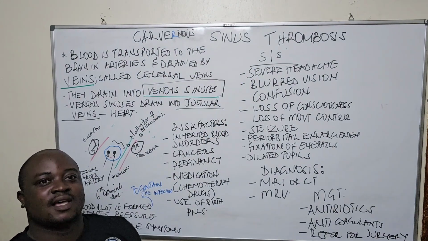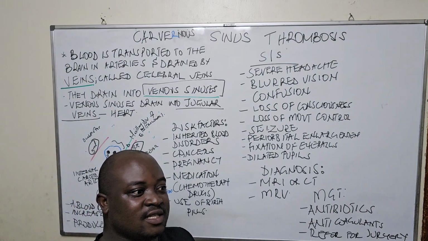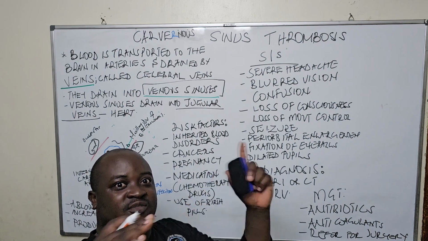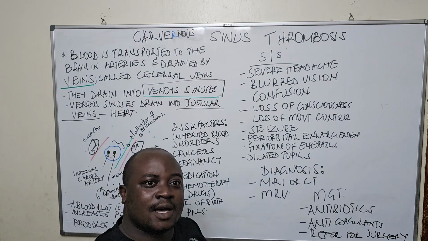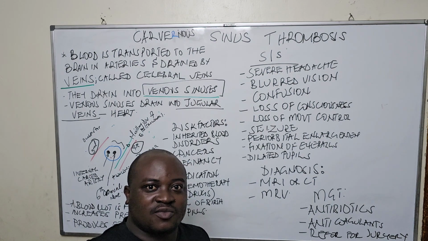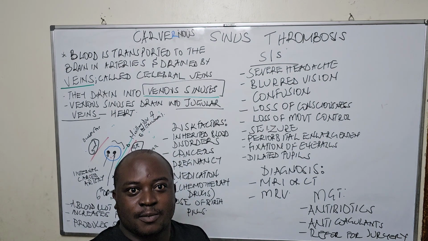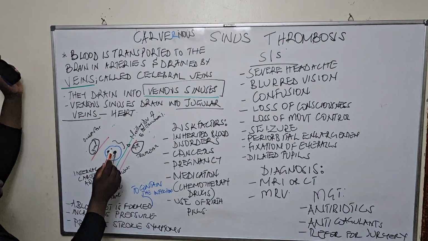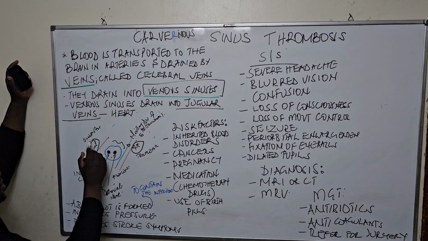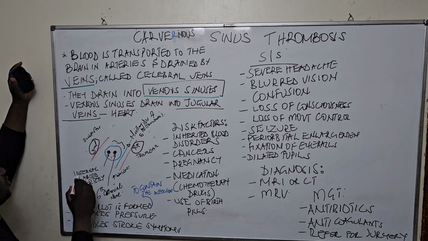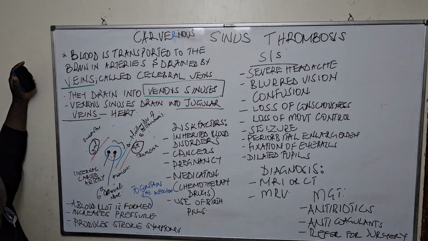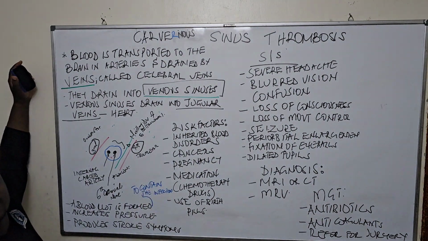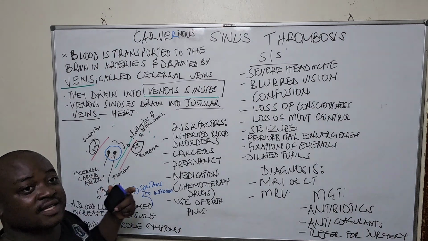But what is this cavernous sinus? It is a bigger sinus, or a bigger vessel, where we have some structures passing through. What are these? Number one, lateral to it, we have the oculomotor nerve, the third cranial nerve. We have the trochlear nerve, the fourth cranial nerve, lateral in the sides.